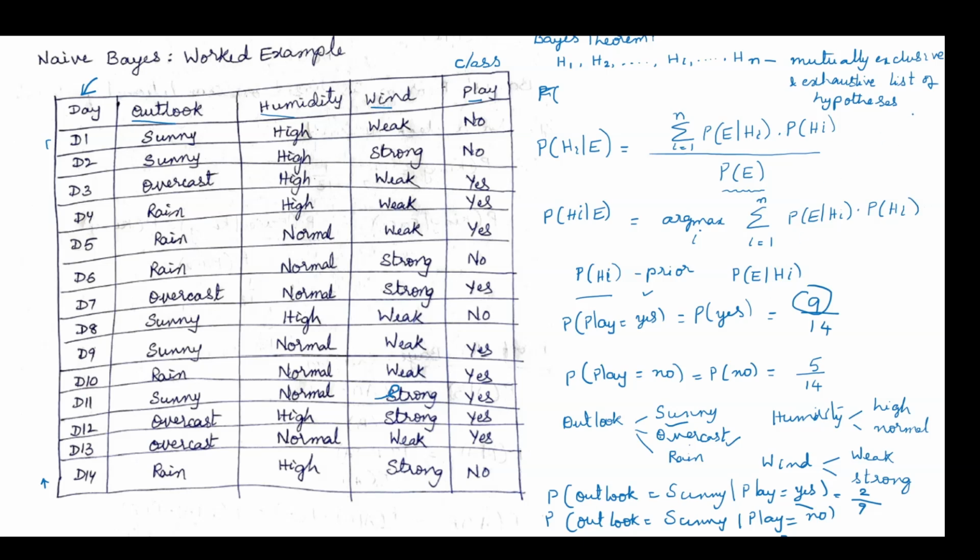So the first record D1 is sunny, second is sunny as well, this is not sunny, this is sunny as well, that is 3 out of 5, and this is not sunny, so this is 3 out of 5. Okay.